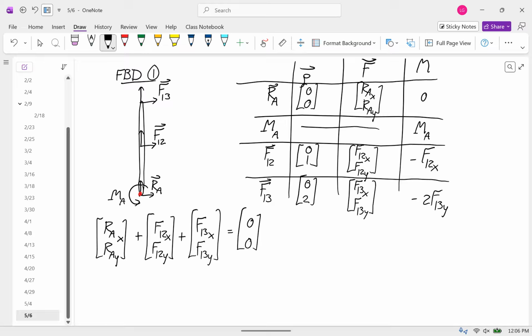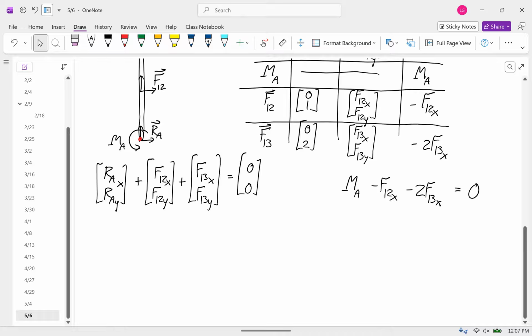And then the moment equation says MA minus F12X minus 2F13X. This should be X, not Y. Is equal to 0. I'll write this out in equation form because, like I said, we're just going to end up with this big system of equations.